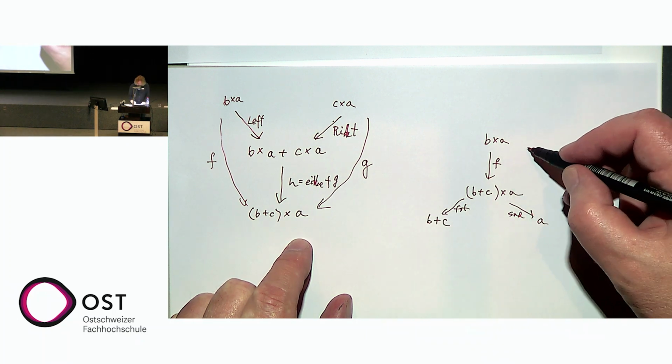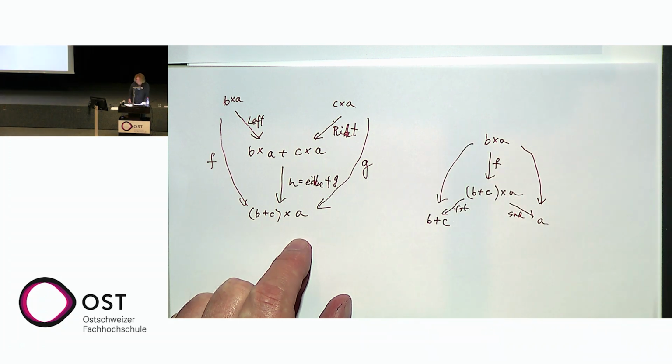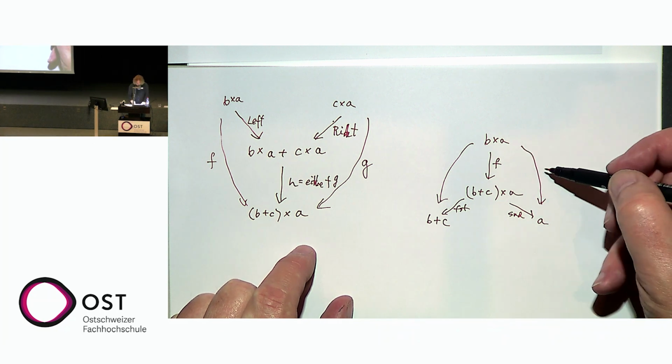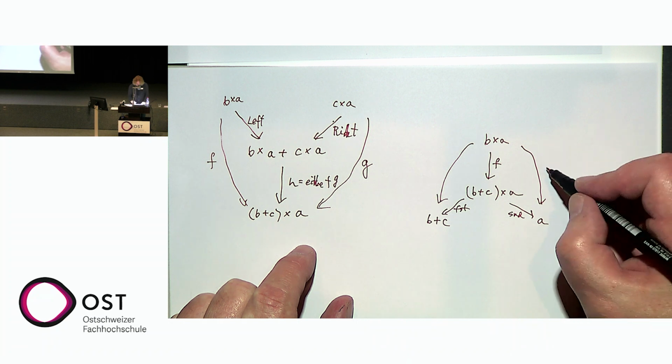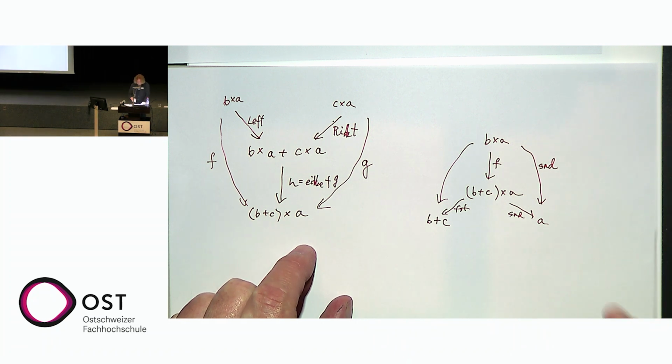So in order to define F, I need these two functions. Once I have these two functions, I will get an F, right? Using my triple ampersand. This function here, well, that's just second, okay? So I already know what this function is. B cross A to A is second.